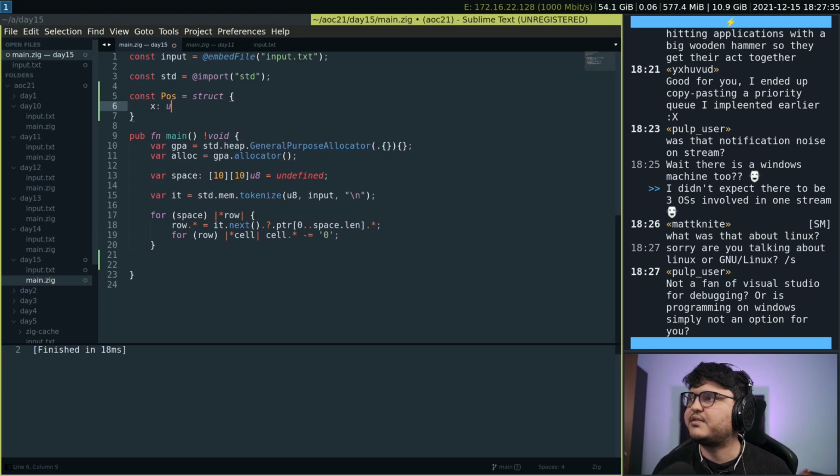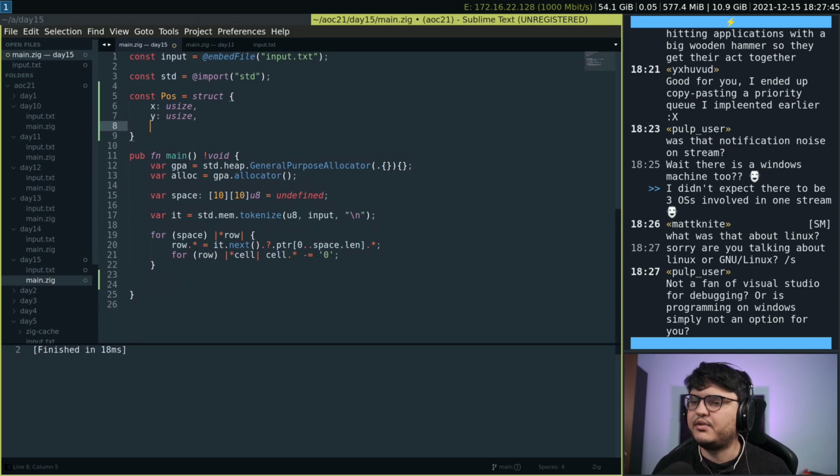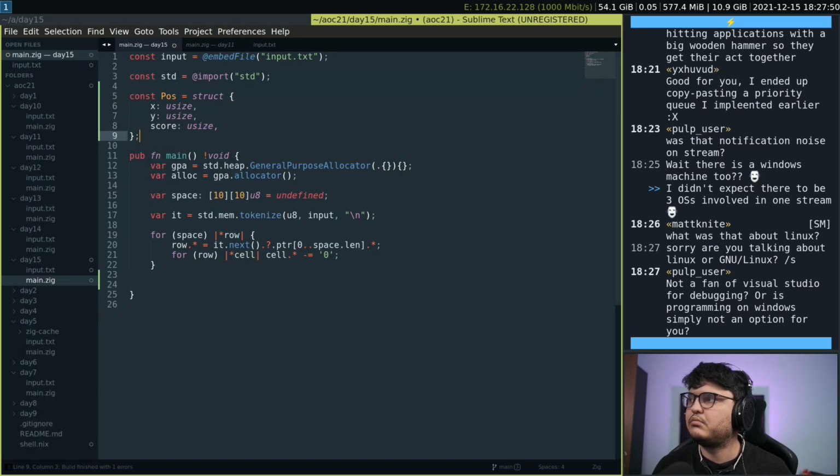Should I just do usize? I think I'll just do usize. Coordinate x, coordinate y, and a score. I'm also tempted to cast this to usize, although I won't be able to copy everything over as nicely as this. I could do a for loop though.